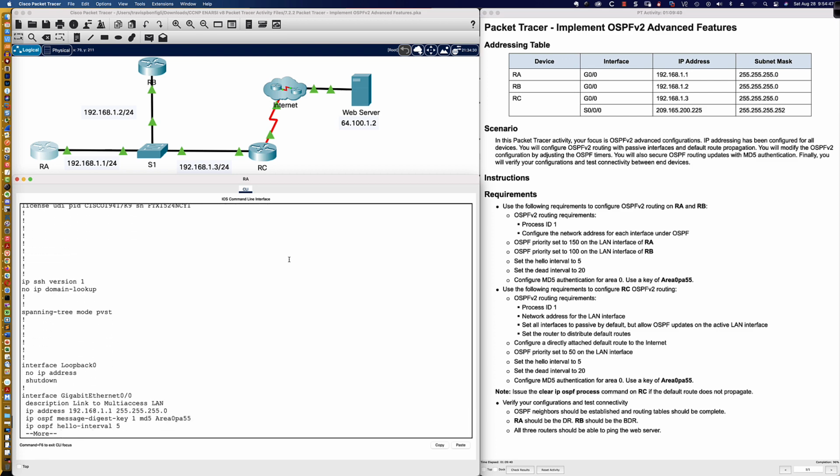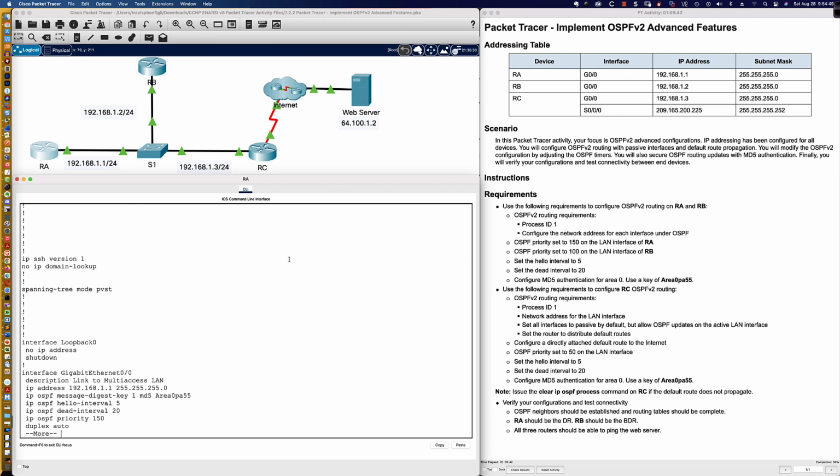So under the interface, do I have something wrong in... And that should be correct. And again, I'm just looking at this to see... message-digest-key 1, and it was key 1 that they wanted us to use.